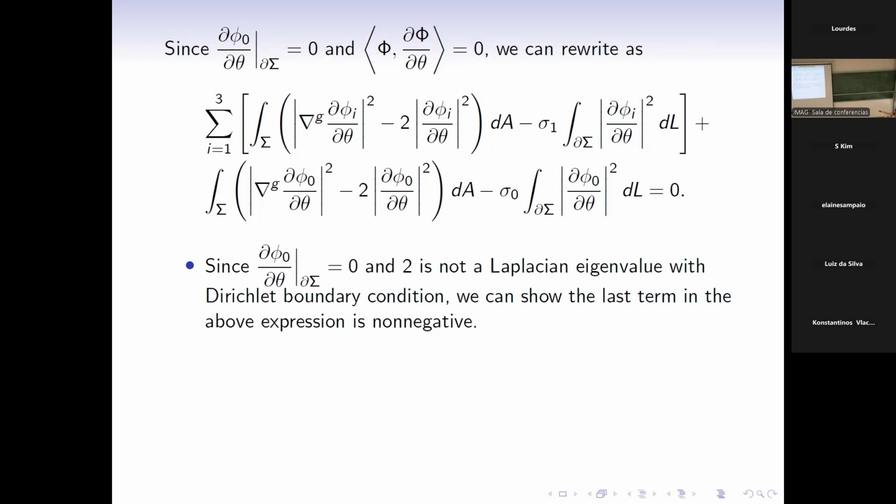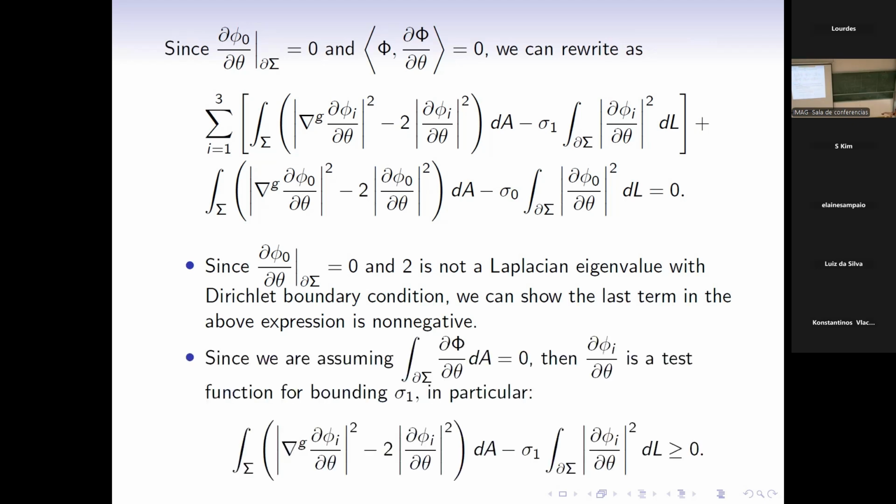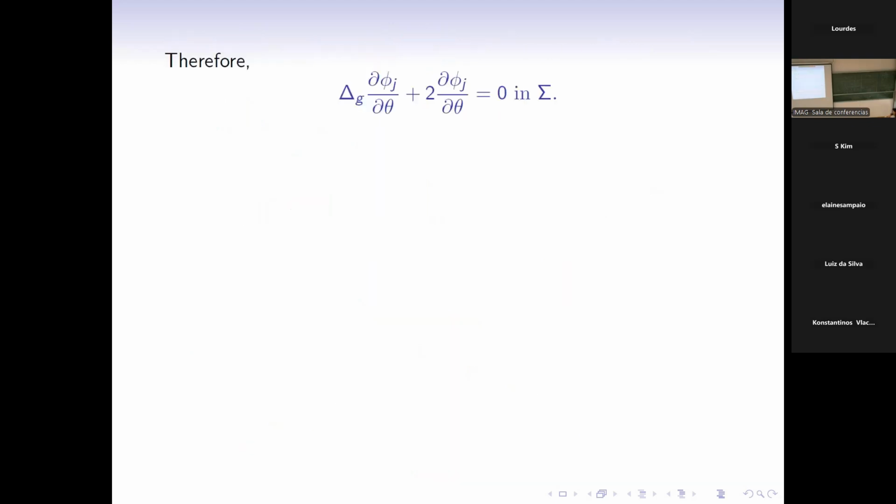Okay? So this last term has a sign, and then this is the part where we use that the coordinate functions of this guy can be used as test functions for sigma 1. So we do have a sign also for the others. So everybody is non-negative and the sum gives you 0, so every term should be 0. So you get that in fact they satisfy this condition here.